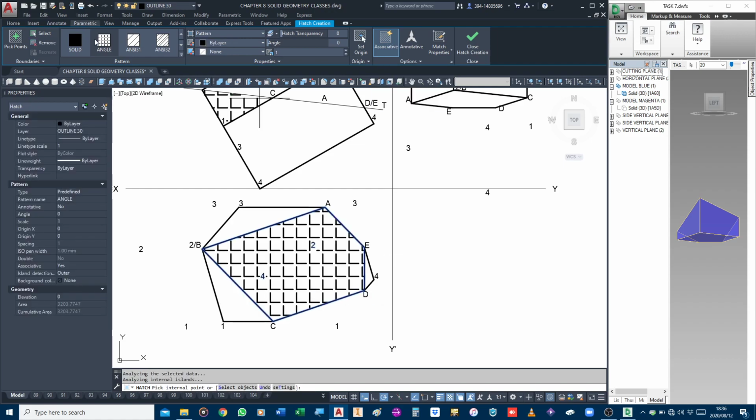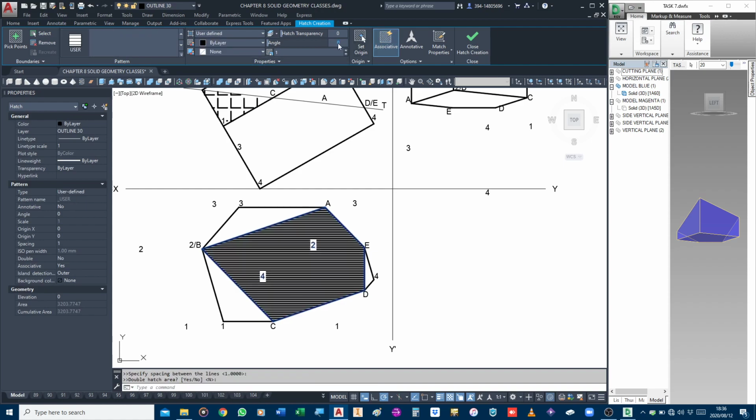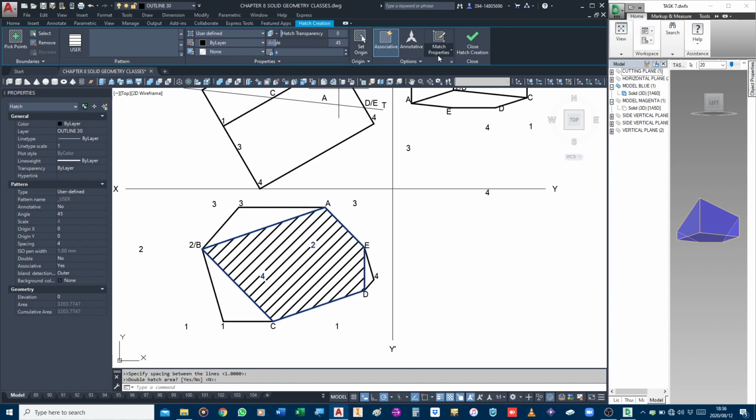This one here, I want it to be at 45, and I want it to be 4 millimeters apart. It's not that one, it's this one here. Ignore, no island detection.